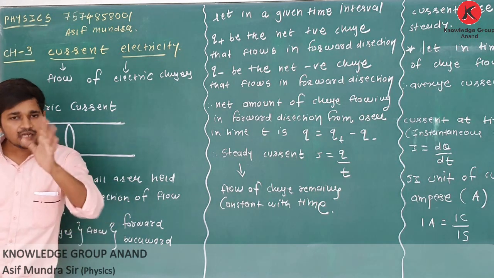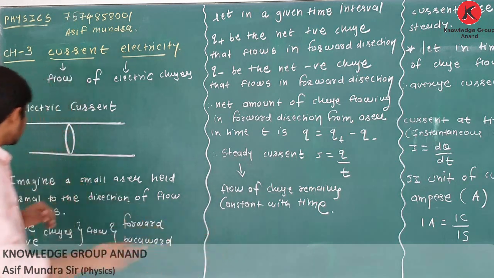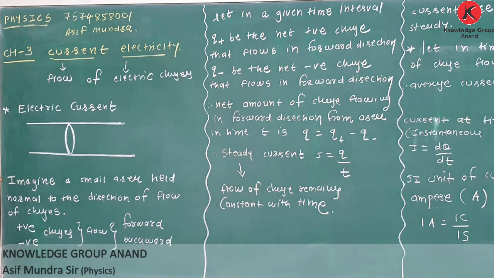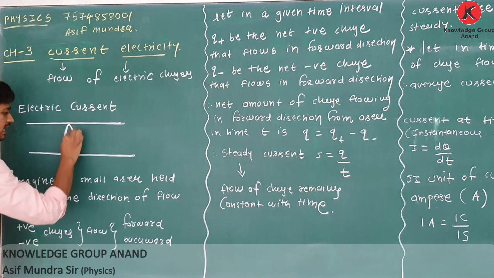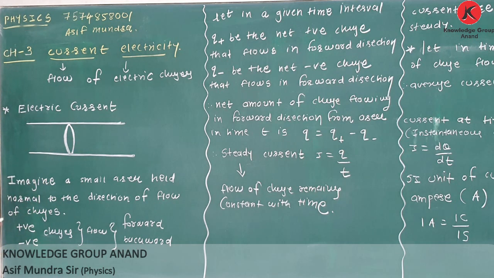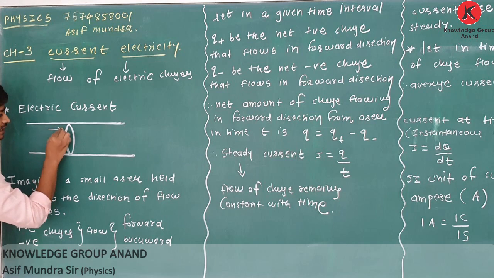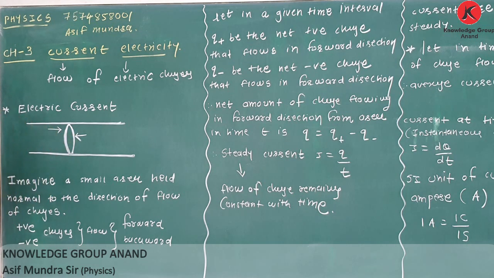Now here we have to assume one situation. Imagine a small area held normal to the direction of flow of charges. Charges are flowing in this direction. Suppose positive and negative charges are flowing in forward and backward directions.